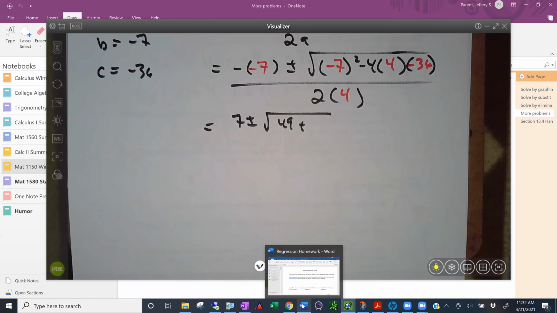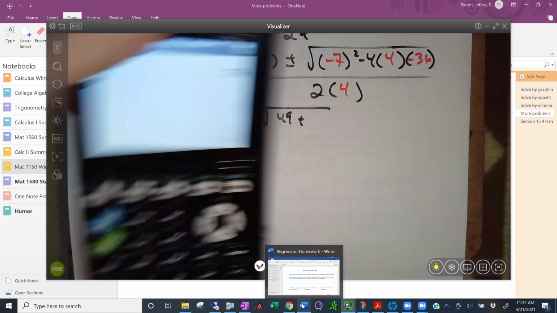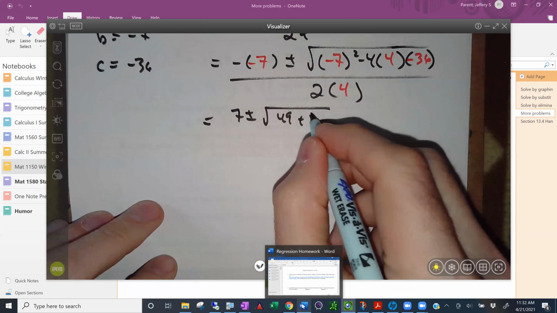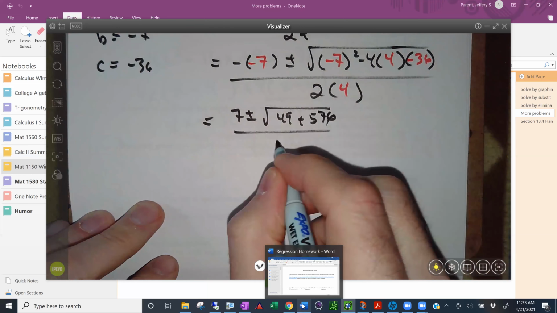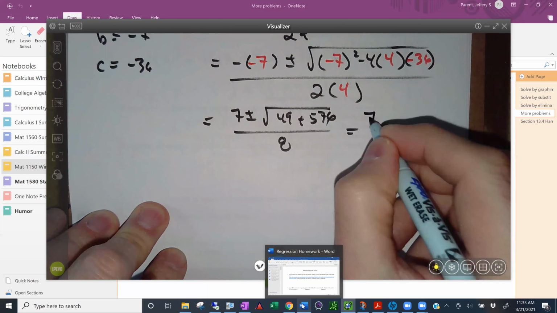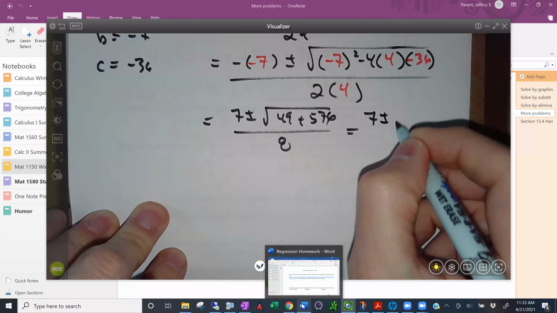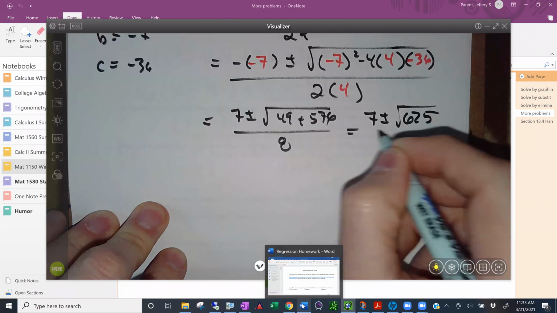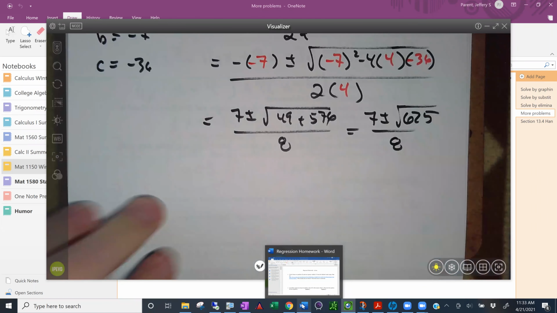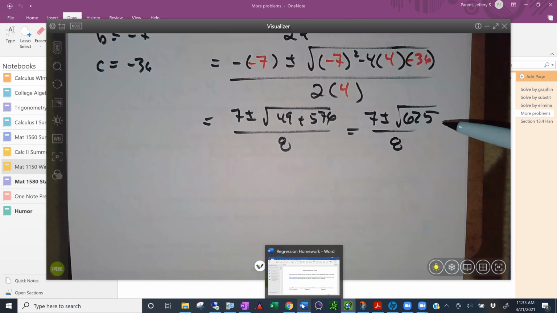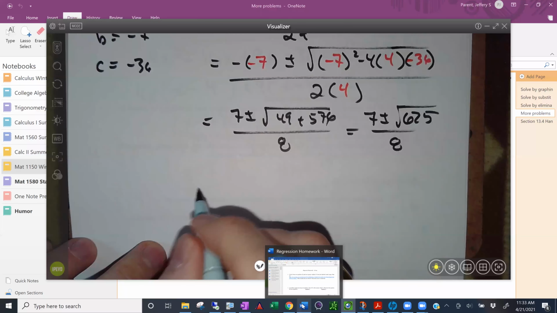16 times 36, yeah, 576, over 8. So 7 plus or minus the square root of 625 over 8. And it's at this point that you know it could have factored. Why do I know it could have factored? Because the square root of 625 is a perfect 25.